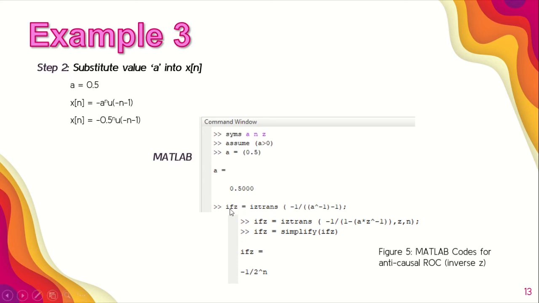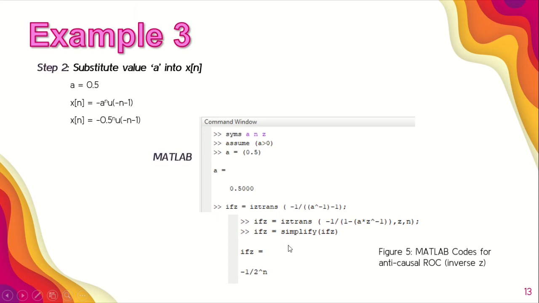After that, assign ifz equal to iztrans of negative 1 over 1 minus a multiplied by z to the power of negative 1, from the X(z) transform that we got, with z and n, and then assign ifz equal to simplify(ifz).